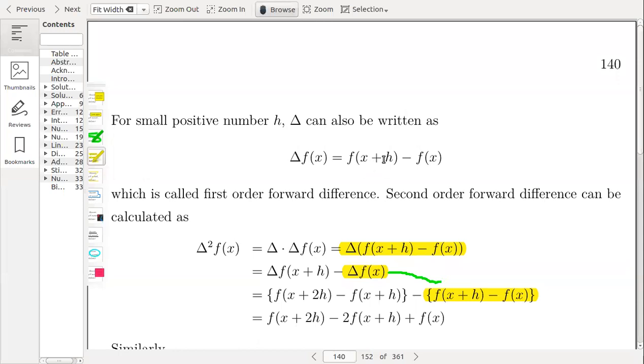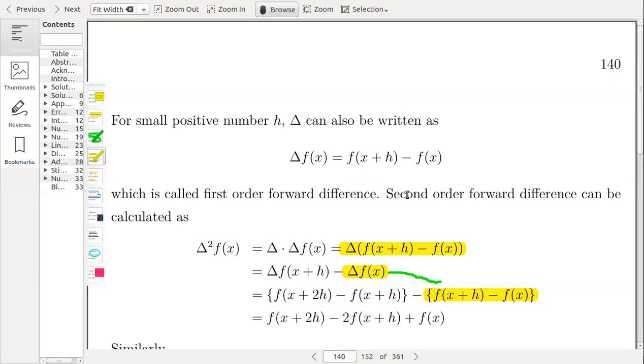Just imagine x is a point on the x-axis and x plus h is a small increment in the point x, and it will give the next point. So it is easy to understand that delta f of x is equal to f of x plus h minus f of x, which is called the first order forward difference.